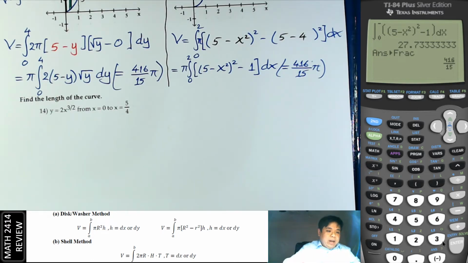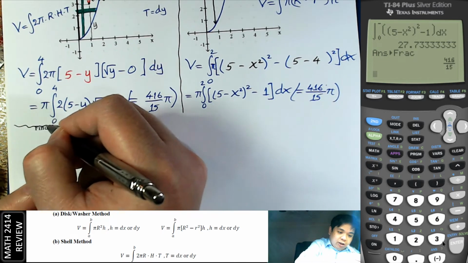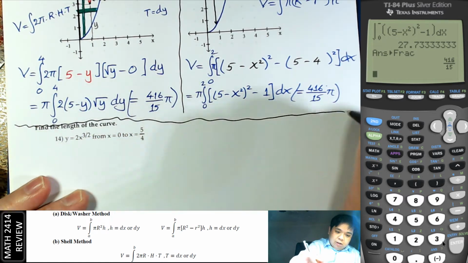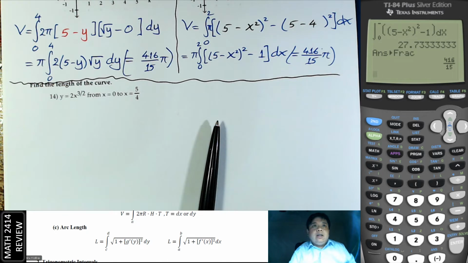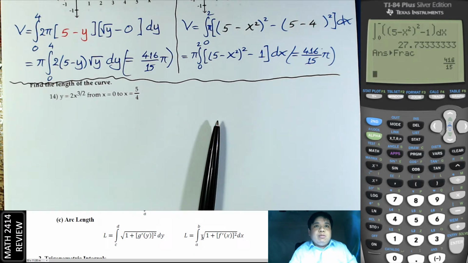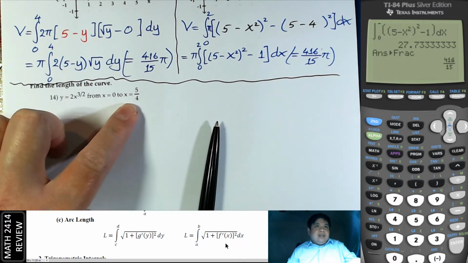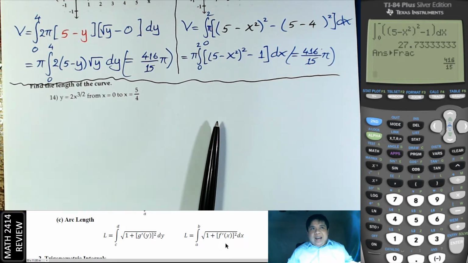Right, next we have the arc length. The arc length formula could be in terms of either x or y, but it's just the square root of 1 plus the derivative squared. So it's easy. Now we have y equal to that function from these values, so obviously we're going to use the x values here, right?